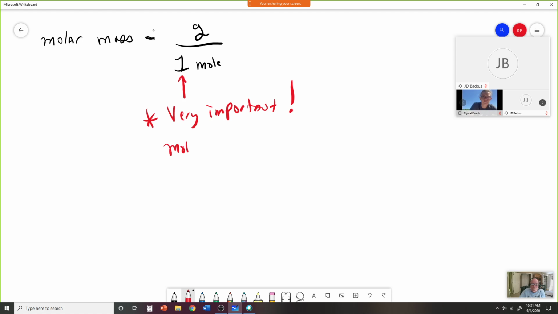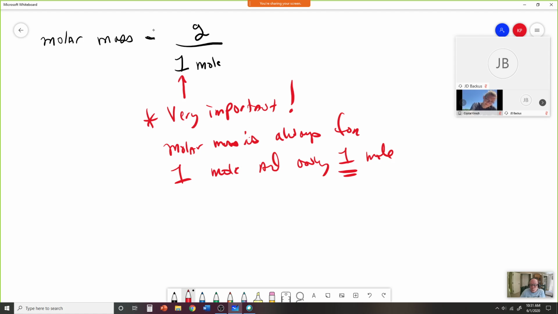Molar mass is always for 1 mole and only 1 mole. Okay? Keep that in mind.